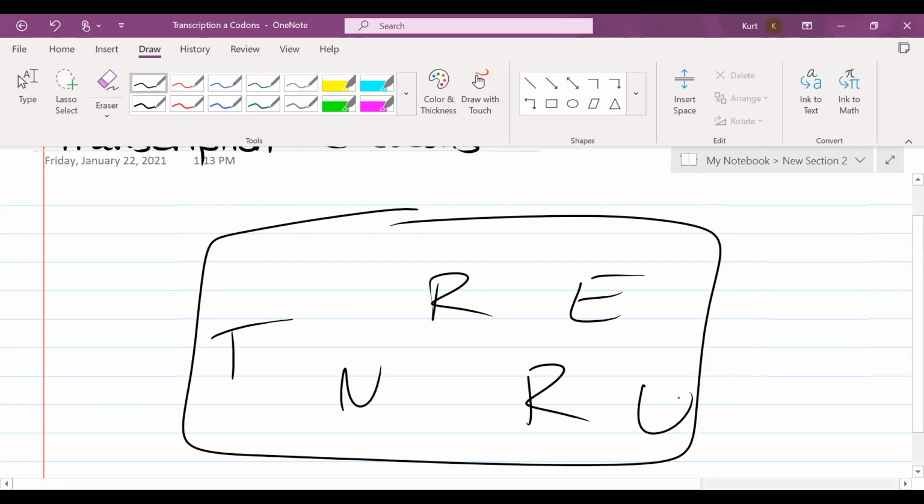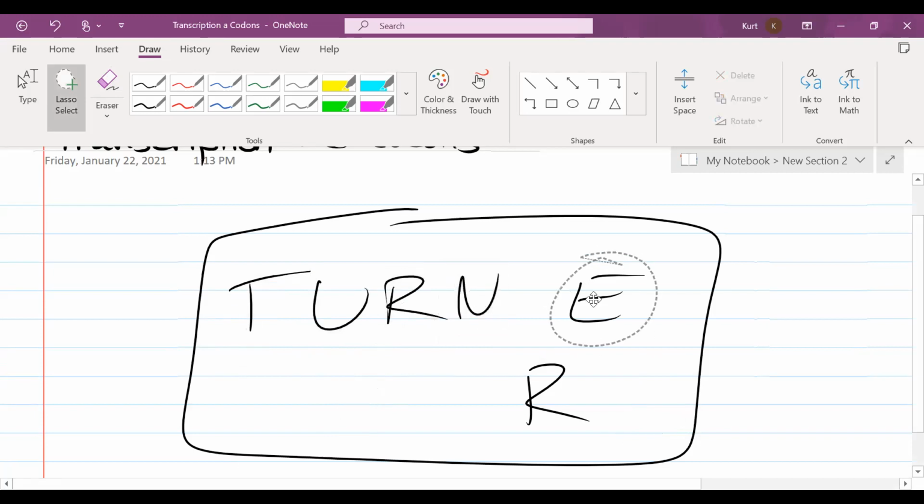So that's what the tRNA provides. The tRNA provides the ingredients. And then the mRNA will tell you how to put it together. That's how you write a name.